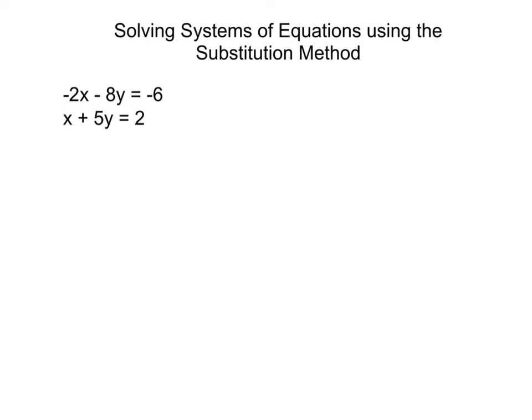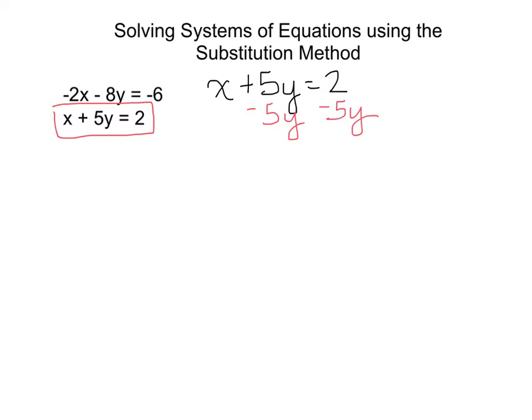I'm going to choose the second equation. Since x does not have a coefficient, it will only take one step to isolate x. In order to isolate x, the only thing we need to do is subtract 5y on both sides of the equation.